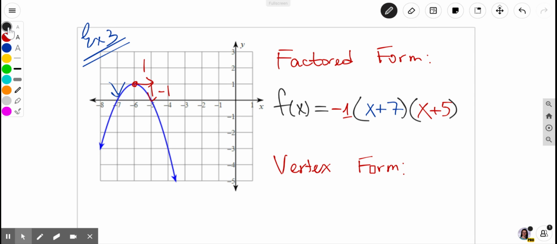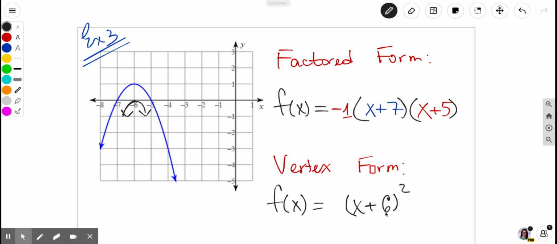Okay. So now we're going to take a look at what happens if you were asked to find the vertex form. Well, we're going to start by thinking about where was our parabola before it got shifted up or down. So I'm just going to imagine it being here. So if my vertex is at -6, your parenthesis is going to be x plus 6.